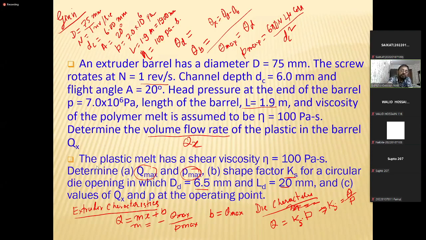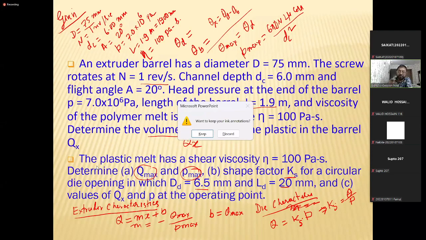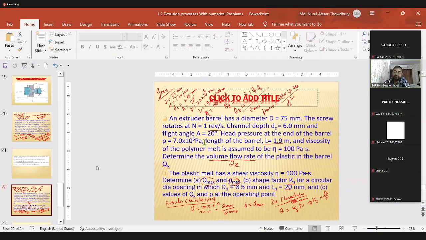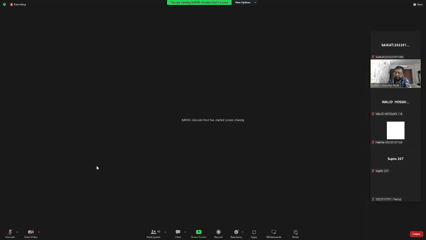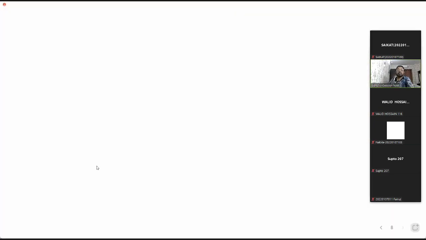Please help me by giving the data, because while I am at the whiteboard I shall not have any data present there. So let me note what is given. We have the barrel diameter D is equal to 75 millimeter. Please correct me if I am wrong.